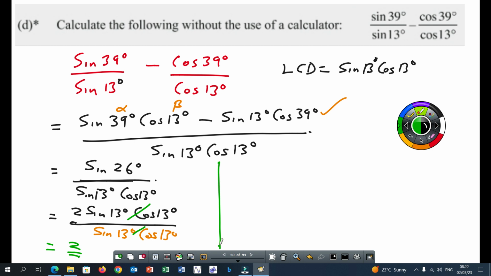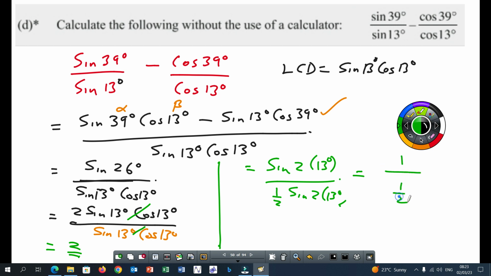So this denominator, I can rewrite it as an alternative to simplify that. You see that sine 13 cos 13 is the same as a half sine 2 times 13 degrees. This will give you 1 over a half, and you get 2.